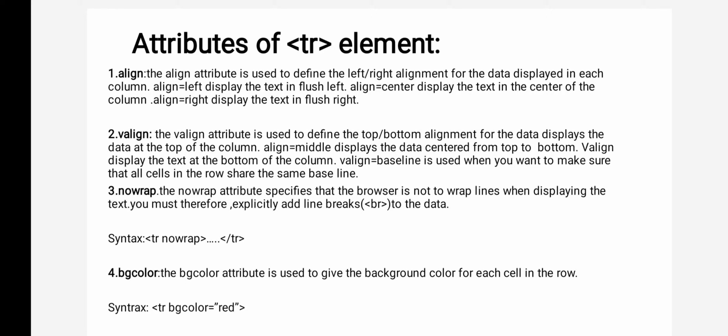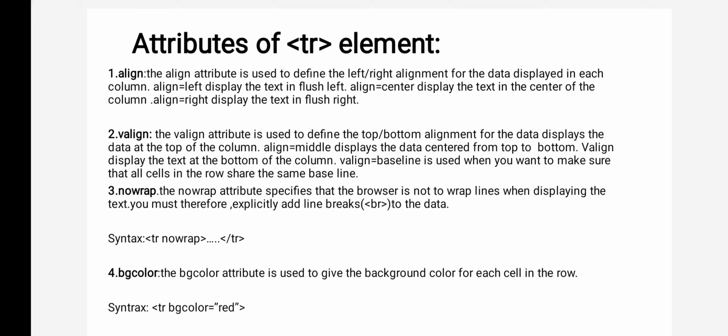You see the definition: the align attribute is used to define the left right alignment for the data displayed in each column. Whatever alignment attribute you have used in a table will be applicable to all the rows. But if you want to give a separate alignment for any row, you can use the align attribute directly inside the TR tag.